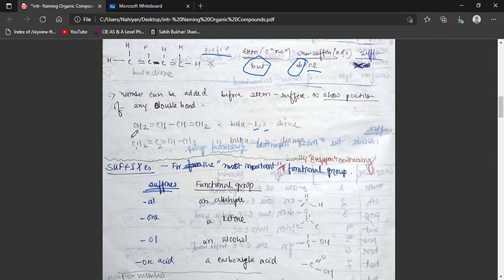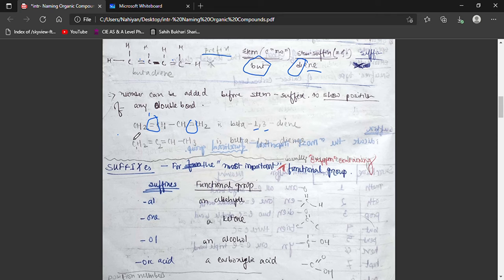So in here, it's a symmetrical kind of compound. It is an alkene. However, we have a double bond here and a double bond here. So the problem is now, which carbon do you consider to be the first carbon? If we had only this one, the shortest route to this double bond would be from this carbon.